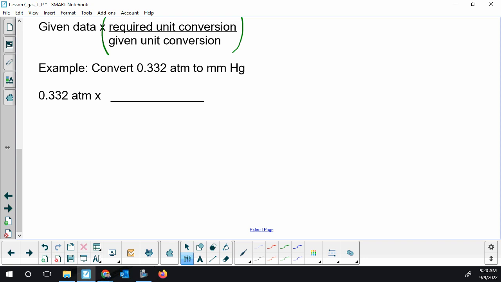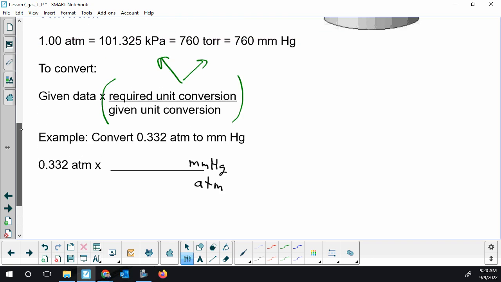So I want millimeters of mercury, and I'm actually going to put those units in first. I'm going to organize this before I get the numbers. The units I want to get rid of are atmospheres, so they're going to go on the bottom. So you don't even really have to remember that required over given. It's the same language that's used in STOIC. Units you want to get rid of go on the bottom, so they cancel. The units you want go on the top, and then we got to grab those unit conversions.